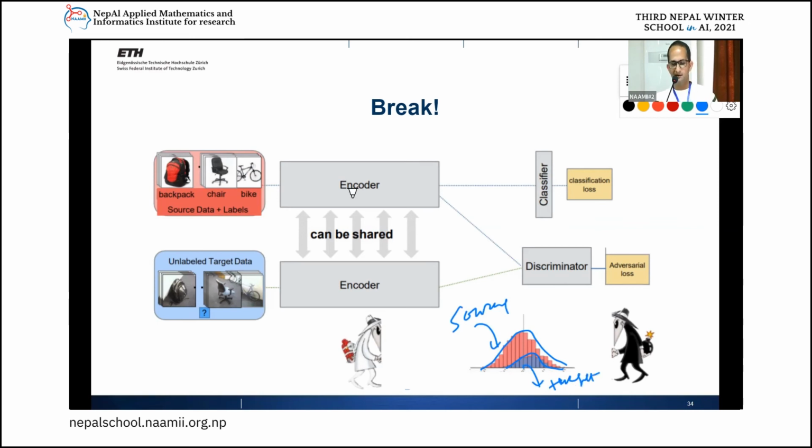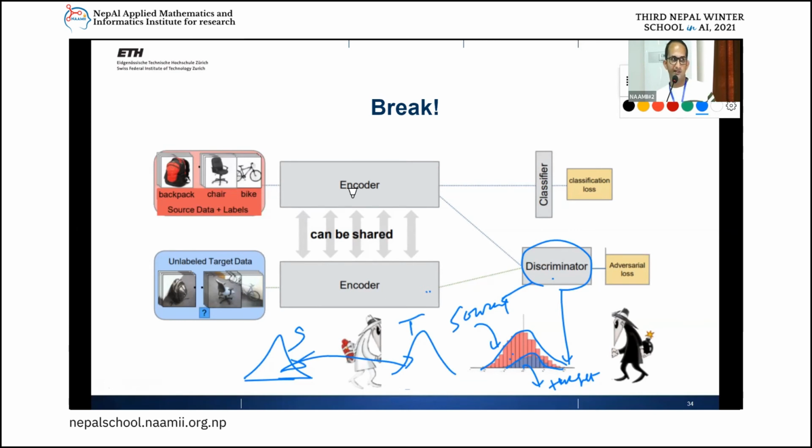And then first, what you can do is, this is just a classifier that says whether it comes from the source or the target. And then this encoder will try to fool this discriminator. The only way this encoder can fool this discriminator is by generating features for both source and target so that the distributions of the source and target look the same.